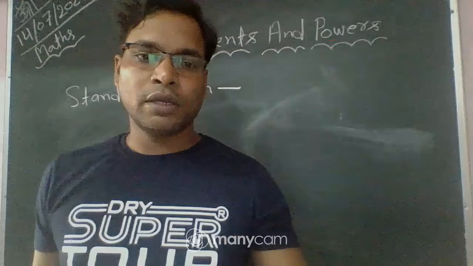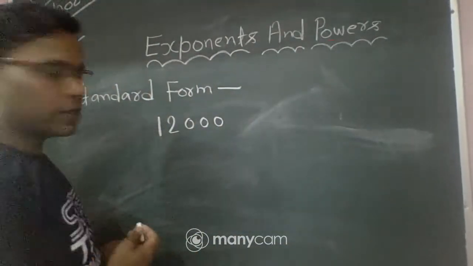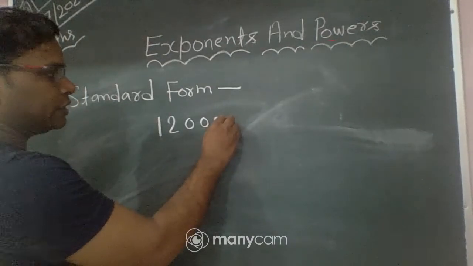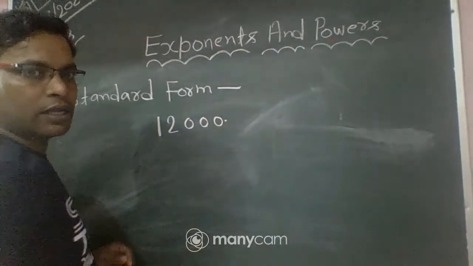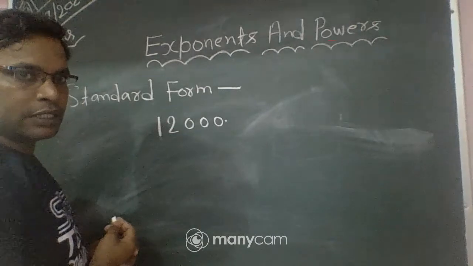We take any number like this. This is the usual form, so we change it into standard form. How do we change it? We know the decimal point is at the end of every whole number.